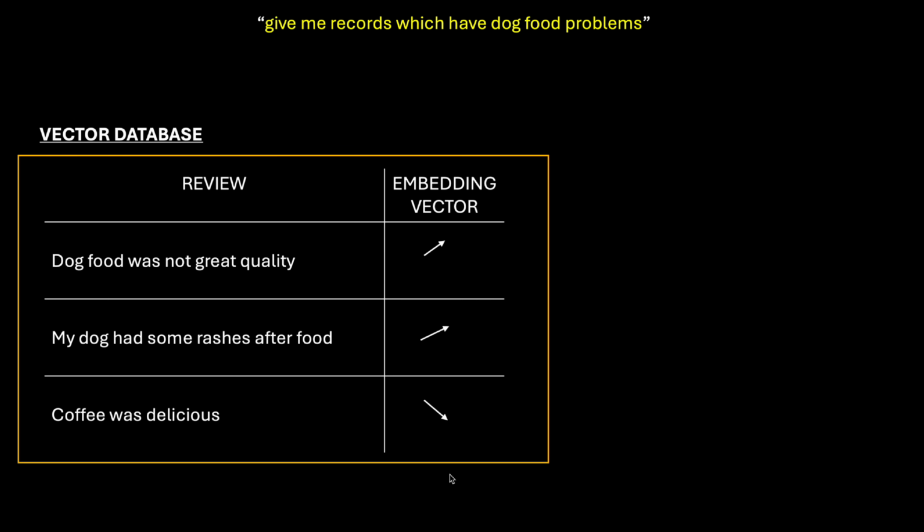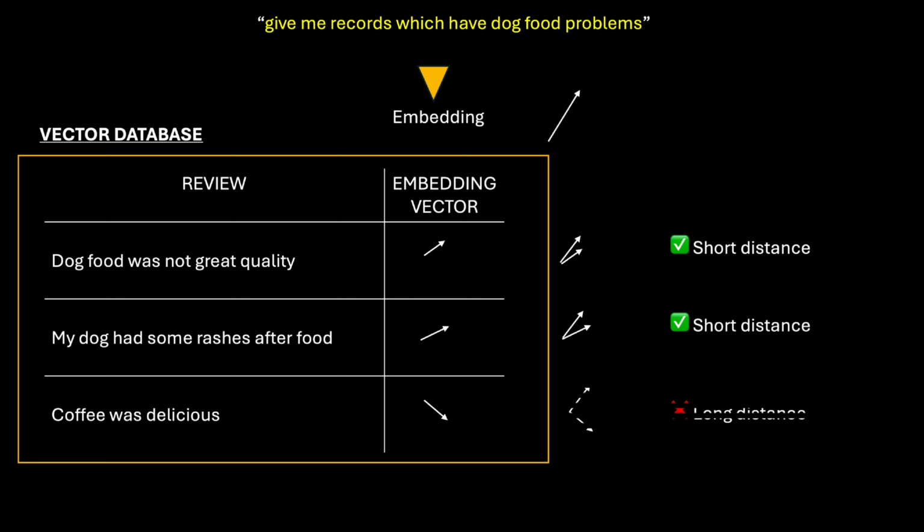Now let's say that my query is give me the records which have dog food problems. So first this query will be converted into embeddings, and then the vector database is going to calculate the distance between the embeddings of the query and the embeddings of all the records in the database. The vectors with the shortest vector distance will be retrieved, which will have all the reviews which are related to dog food problem.